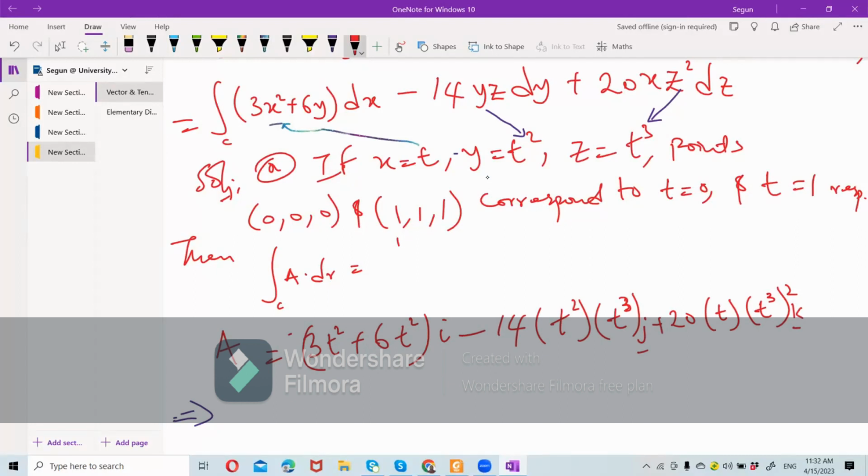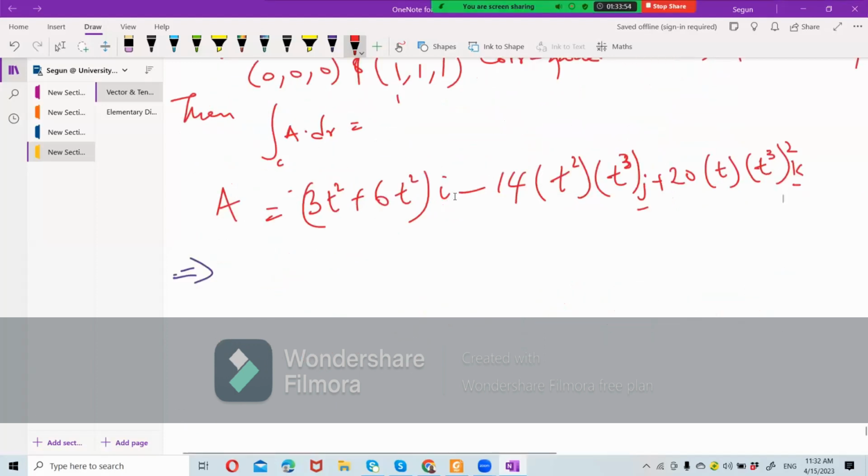Are we together? Hello? Yes, sir. I need a response, please. Now, which simply means I want to define A before the R. Let's get A right. This plus this will give you 9t squared.